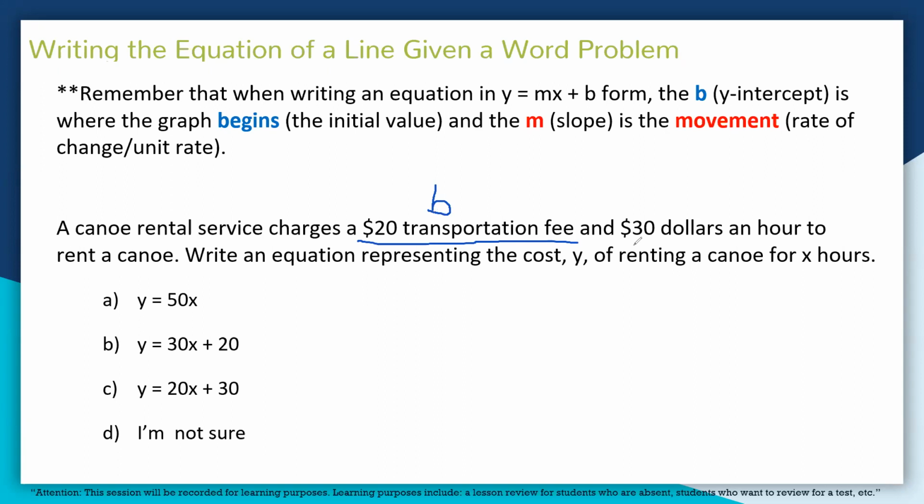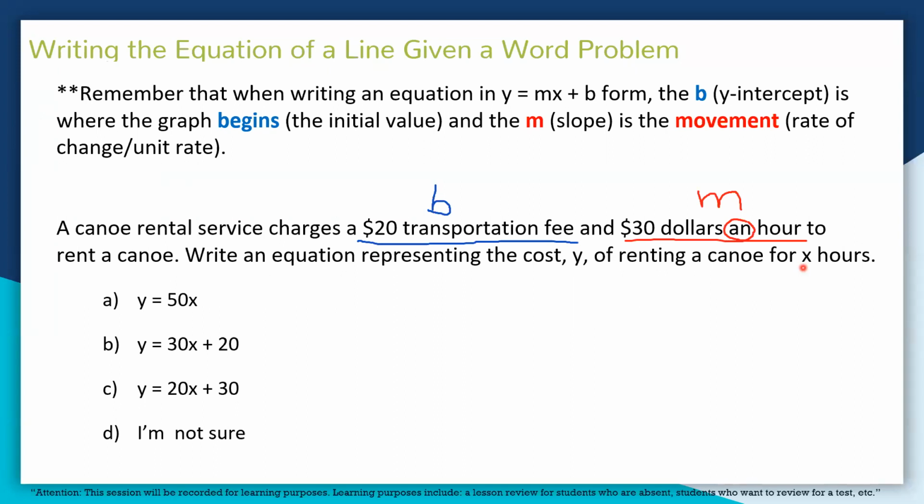And then it's going to cost us $30 an hour. This time, instead of saying per, we used the word and, but I can still see that we're having dollars for each hour, $30 every hour. That's our rate of change. That's our unit rate. That's going to be our M. And then we're still using our variables Y and X. It's just kind of letting us know that Y is that total cost and X is the number of hours.